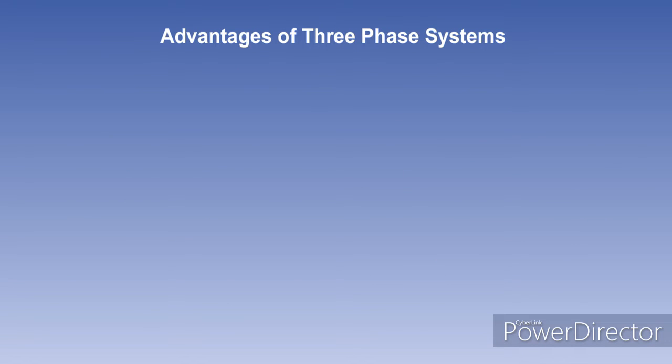A system using three-phase generators has a number of advantages over a system using single-phase machines. Because the generators are effectively three single-phase generators on the same shaft, they have a greater power-to-weight ratio.